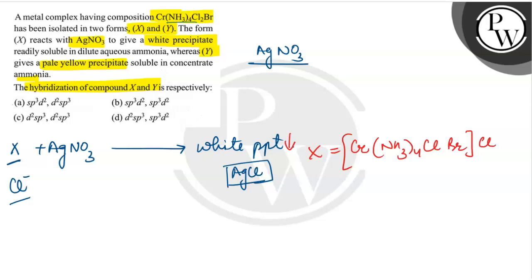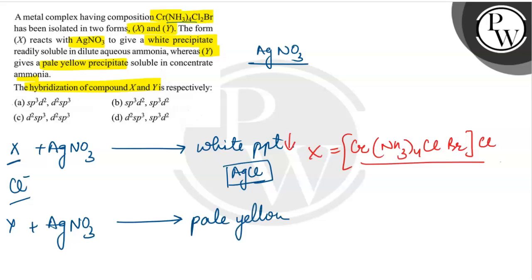Now we have the formula for X. If we see Y, it reacts with AgNO3 to form a pale yellow precipitate, and this is formed whenever we have AgBr.